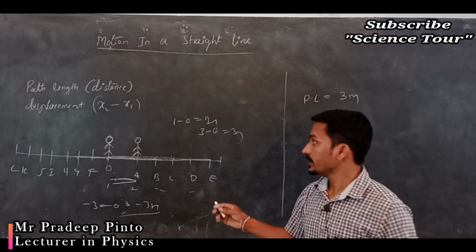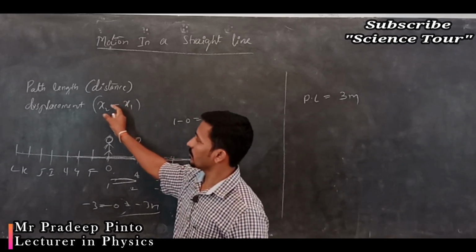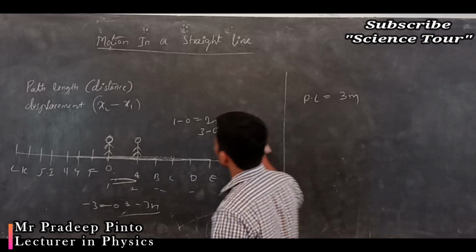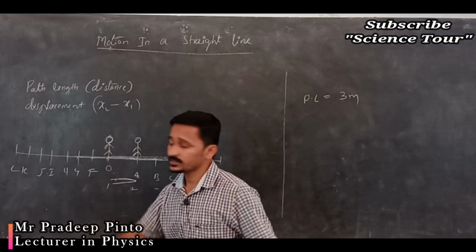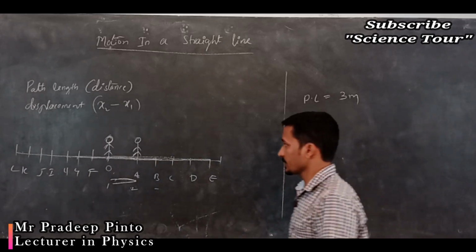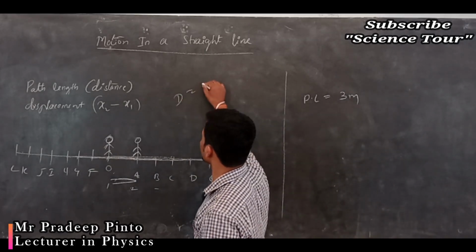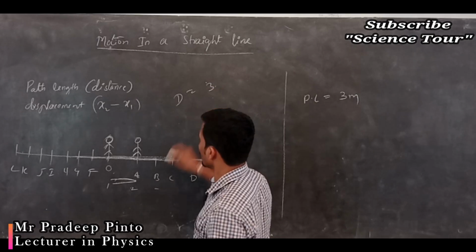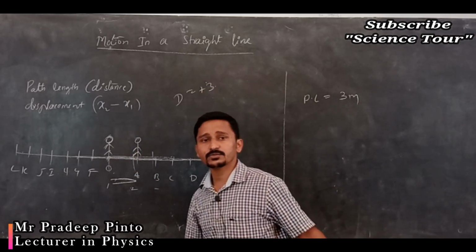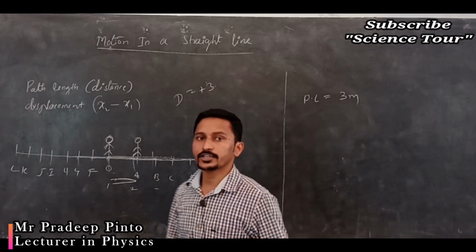So we are going to define it in such a way that whatever value I give to the displacement, you can find out the exact position of the object. Now I will take displacement equal to plus 3 meters, meaning 1, 2, 3. Is it possible anywhere else?